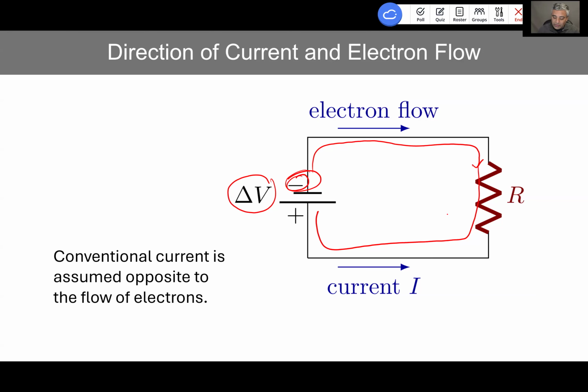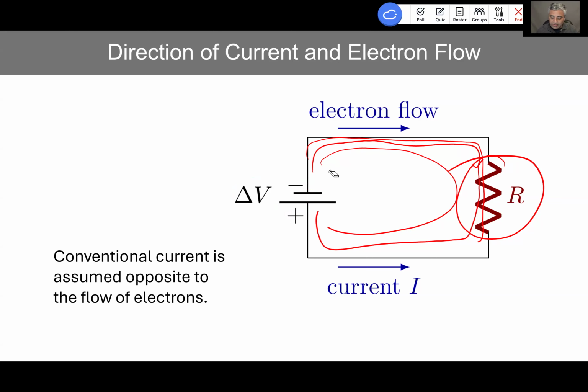They basically want to get away, and whenever they get a path, although this path may not be so easy, they flow towards the positive terminal where there is more positive charge than negative charge. So they start neutralizing, but unlike a capacitor. In the case of a capacitor, what happens?